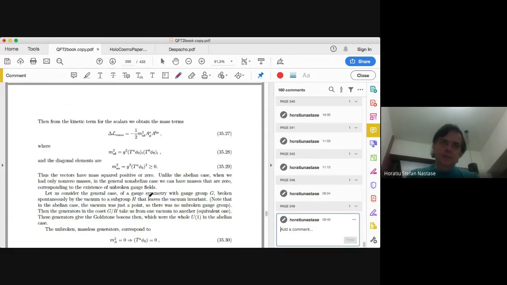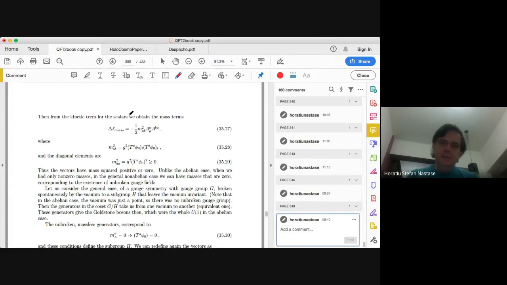Then from the kinetic term for the scalars, we obtain this mass term, minus 1/2 m squared, but now it depends on which type of gluon we have. So it's m squared AB, a matrix connecting gluons A mu a with A mu b. Then this mass matrix m squared AB is g squared T a phi 0 i, T b phi 0 i.